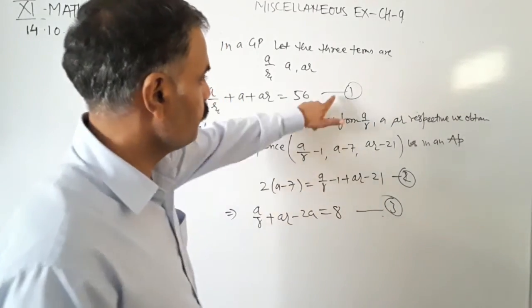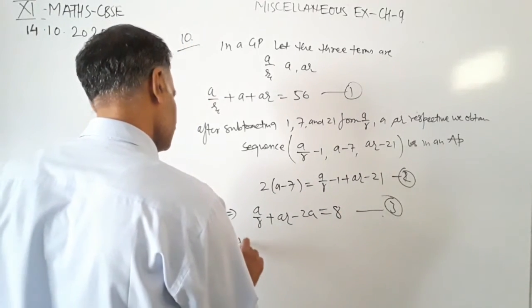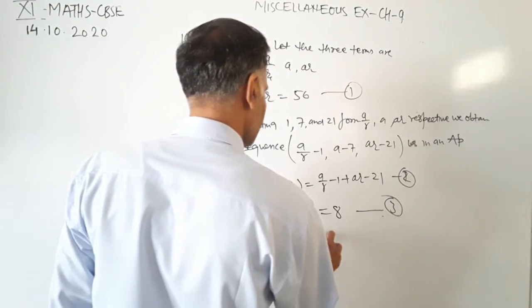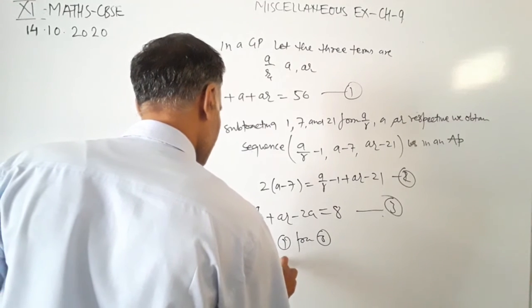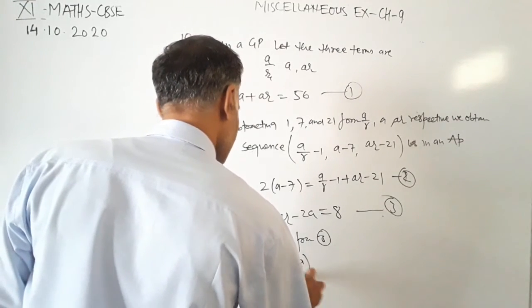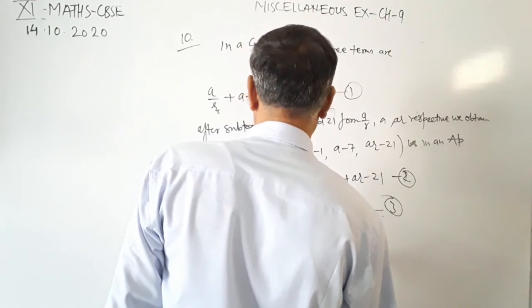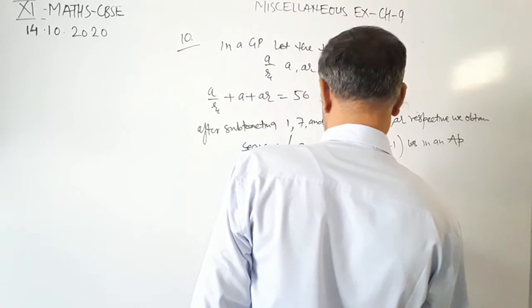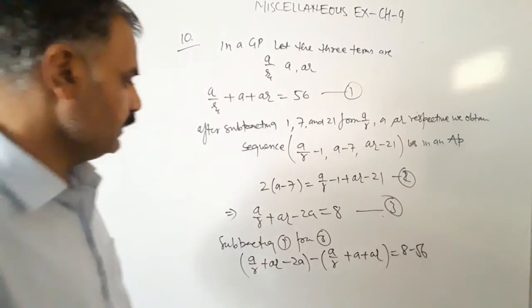Now from first and third, subtracting first from third: A upon R plus AR minus 2A minus A upon R minus A minus AR is equal to 8 minus 56.